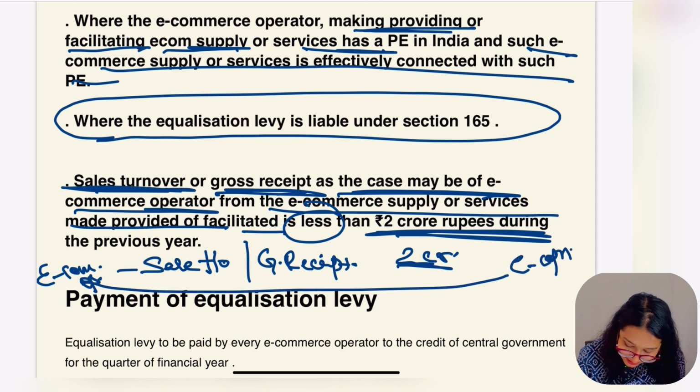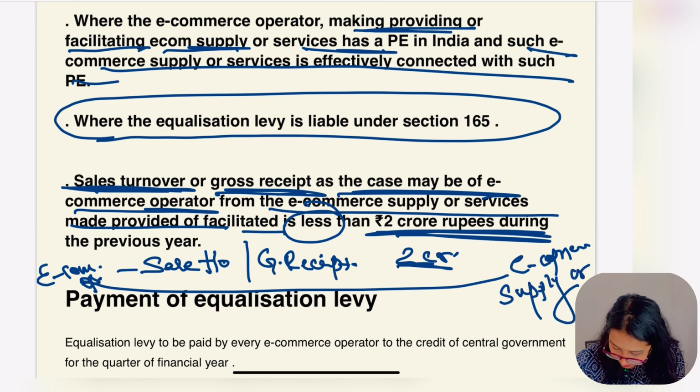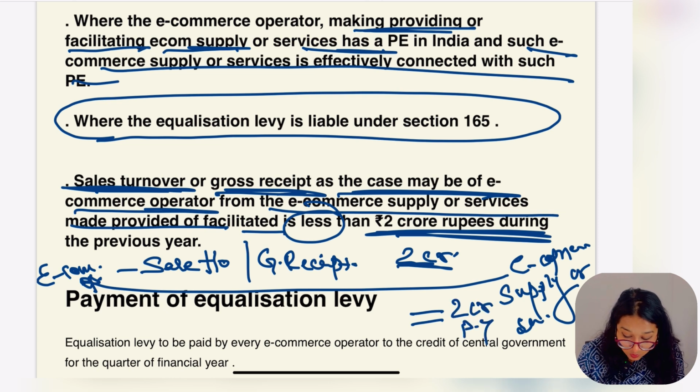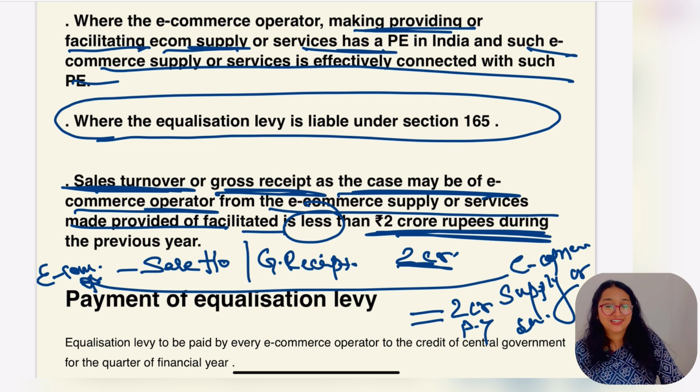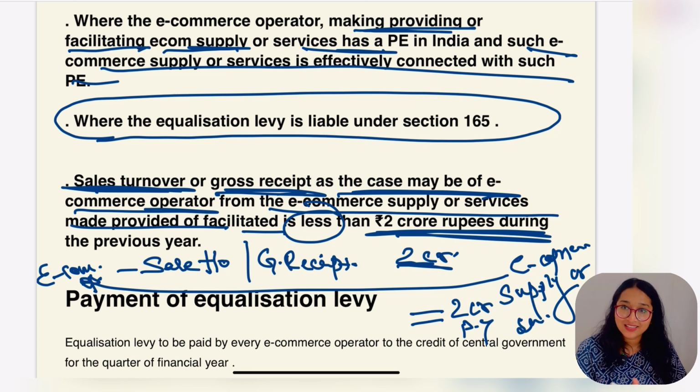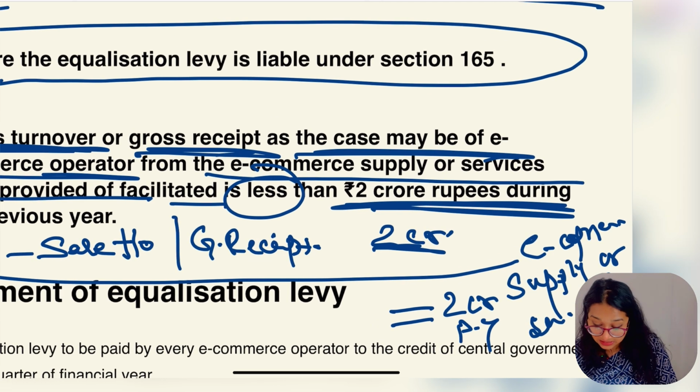From the e-commerce supply or services. Is this part clear? It should be more than 2 crore during the previous year. The turnover or the gross receipt during the previous year of whom? The e-commerce operator. By what? The e-commerce supply or services. If it exceeds 2 crore, in that case equalization levy is going to be imposed.